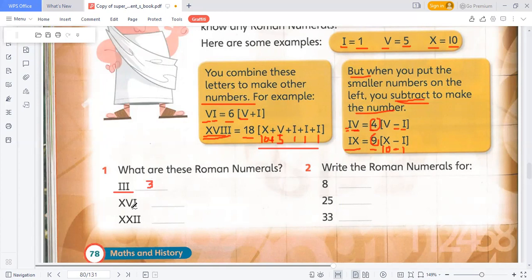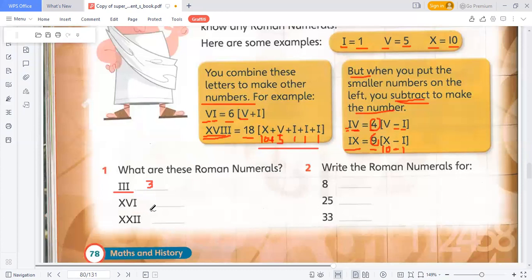As you can see there, the biggest number is 10, right? It's in the beginning. So we're not going to subtract. We have to add.